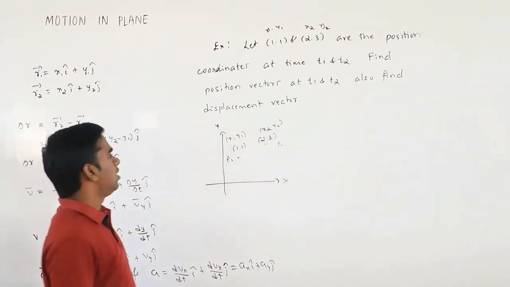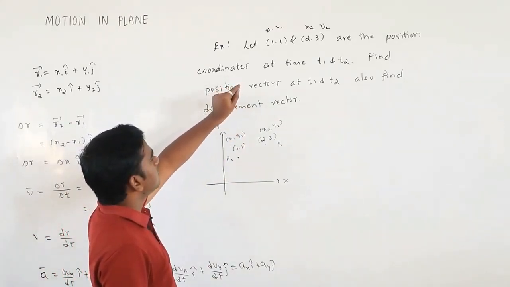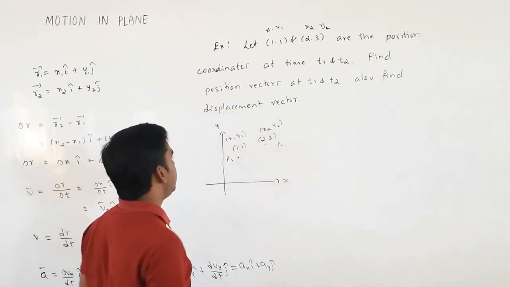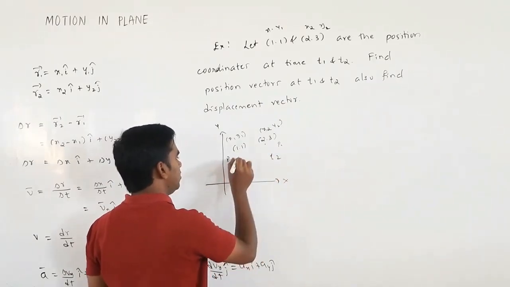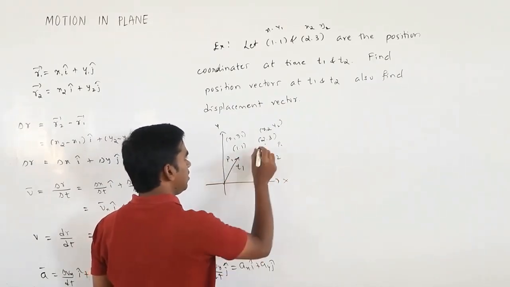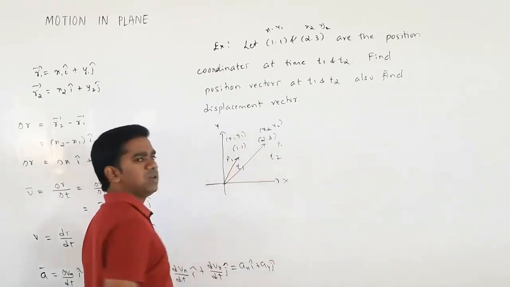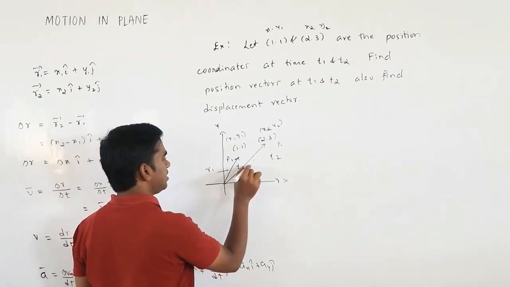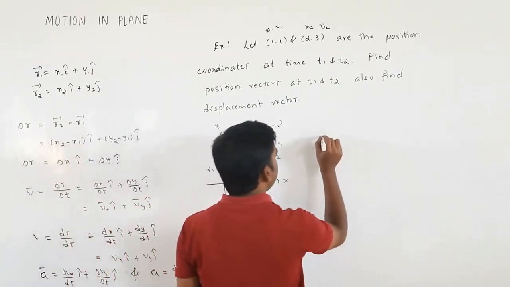So what are they asking? They are asking you to find the position vectors at t1 and t2. This is at t1, and this is at t2. You can take this as r1 and this as r2. So what is r1?